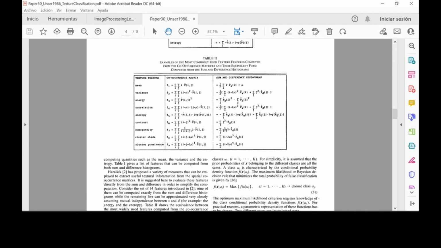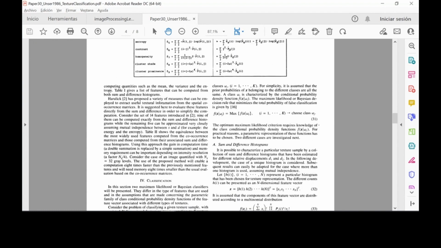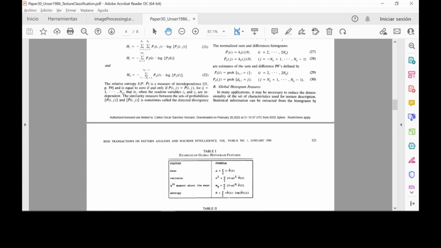I can compute all these summaries. Can I compute the equivalent with the probability distributions of the sums and the differences? And you can. So whatever summary you compute here with the joint, you can compute here using only the differences and the sums. Okay, so that is what is explained here.